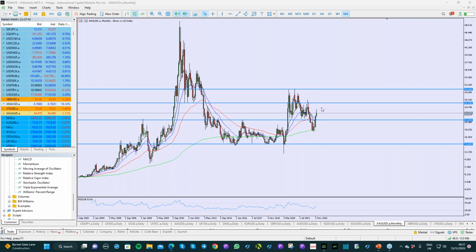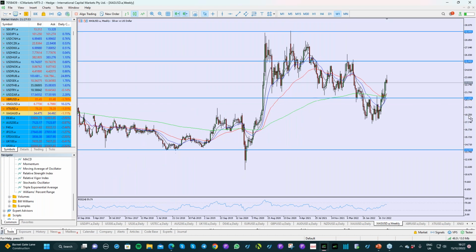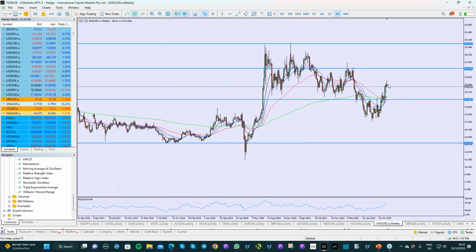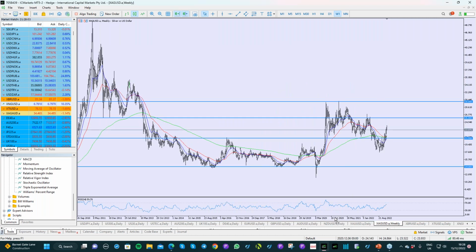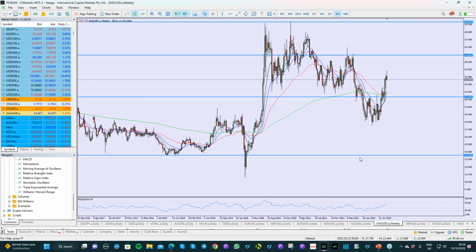So those are my 4 levels, 2 above, 2 below, of support and resistance from the monthly time frame. Price action right now is pretty much bang in the middle of 2 of those horizontal levels. So I don't envisage any major support or resistance getting in the way of any potential trades taken in or around the area that price currently is.